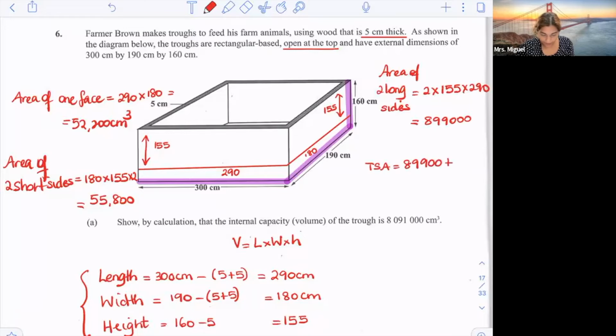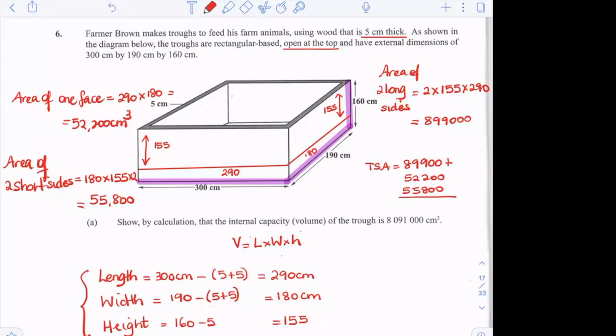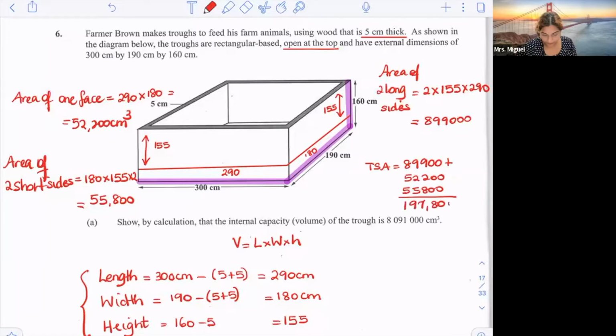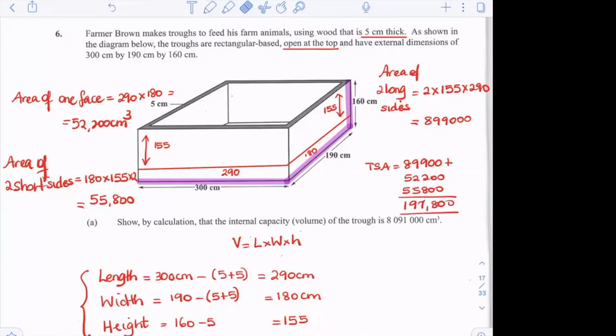89,900 plus 52,200 plus 55,800. 197,900, right.